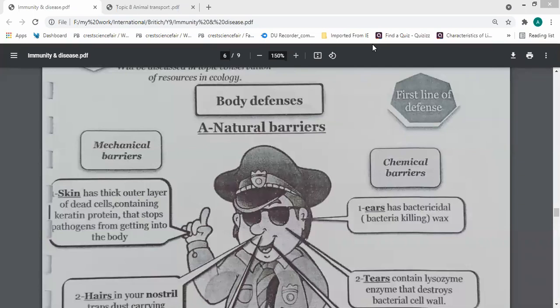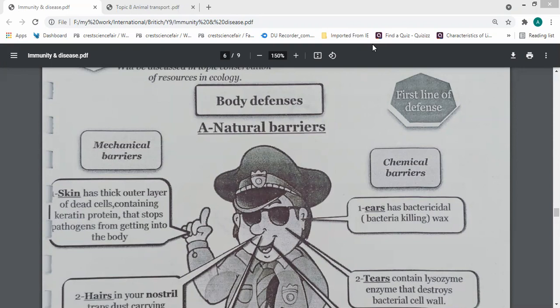For our topic today: how the body defends against different pathogens. We have two lines of defense, like football players, the midfielders and the defenders, in attack and in back.